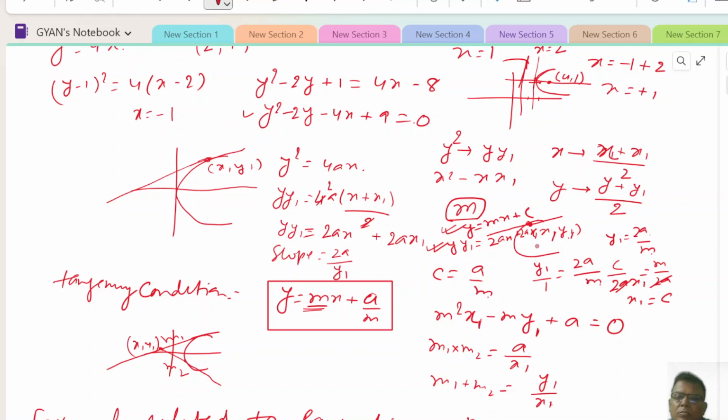So the point of contact will be 2a by m and c by m. So this we can find out.